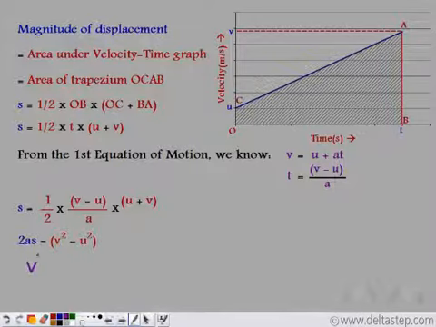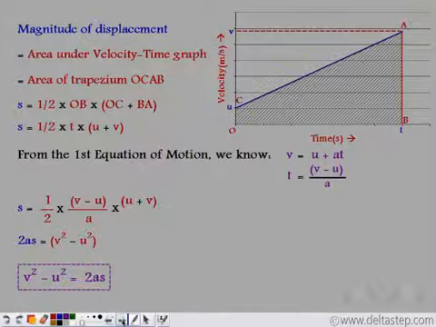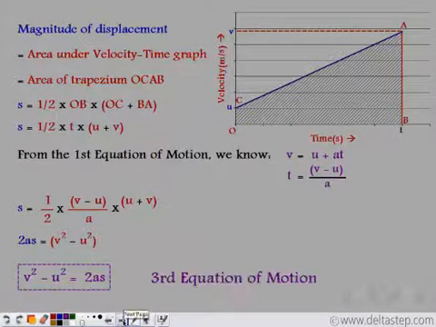Hence, we get V square minus U square is equal to 2AS. And this is our third equation of motion. So we have derived the third equation of motion, V square minus U square is equal to 2AS, by a graphical method using a velocity time graph and by finding the area under the graph, that is by finding the area of this trapezium. This is a relation between final velocity, initial velocity, acceleration and displacement.